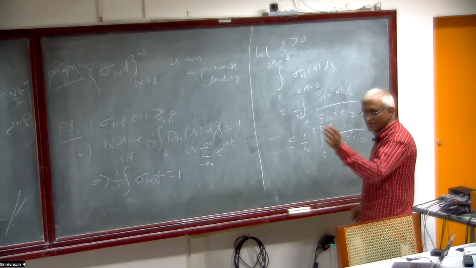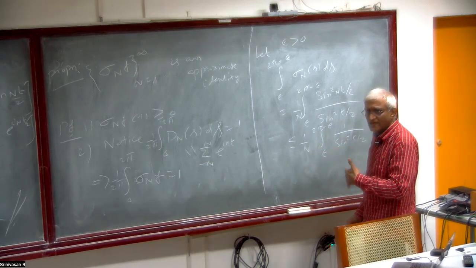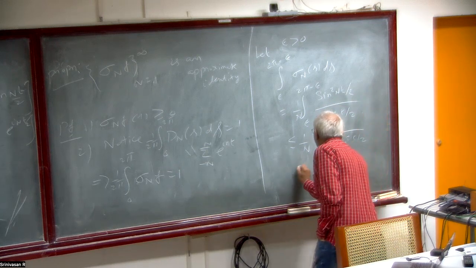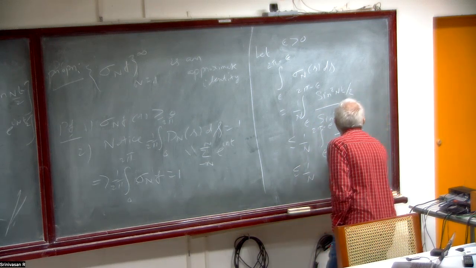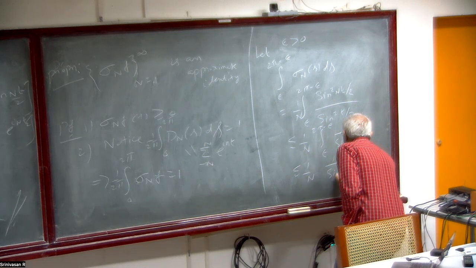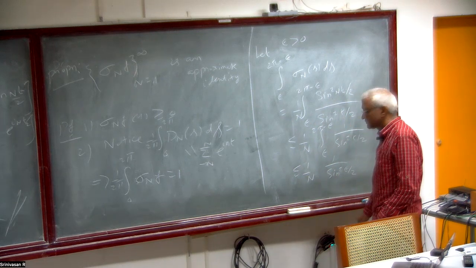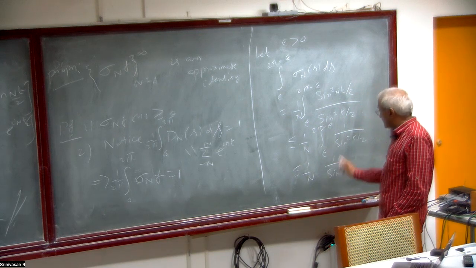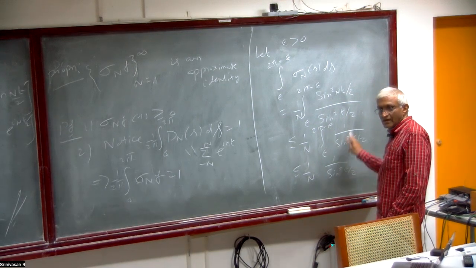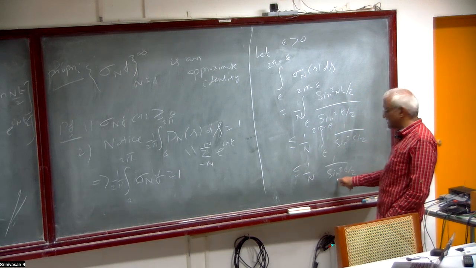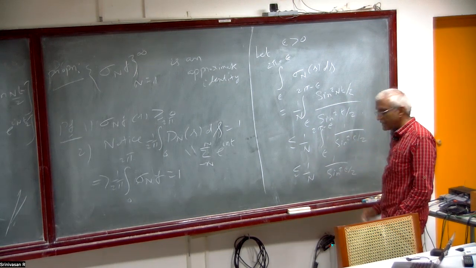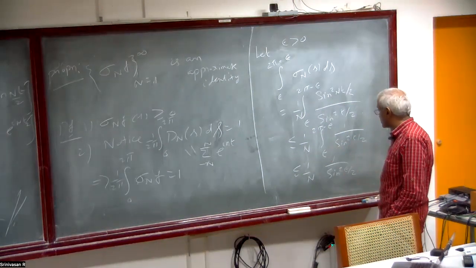From 0 to pi it will increase, pi to 2 pi it will decrease, right? So this is less than or equal to 1 by n, and this is just 1 by sine square epsilon by 2. I mean, for each t, this is less than this, so you can take it out, and that integral is bounded.